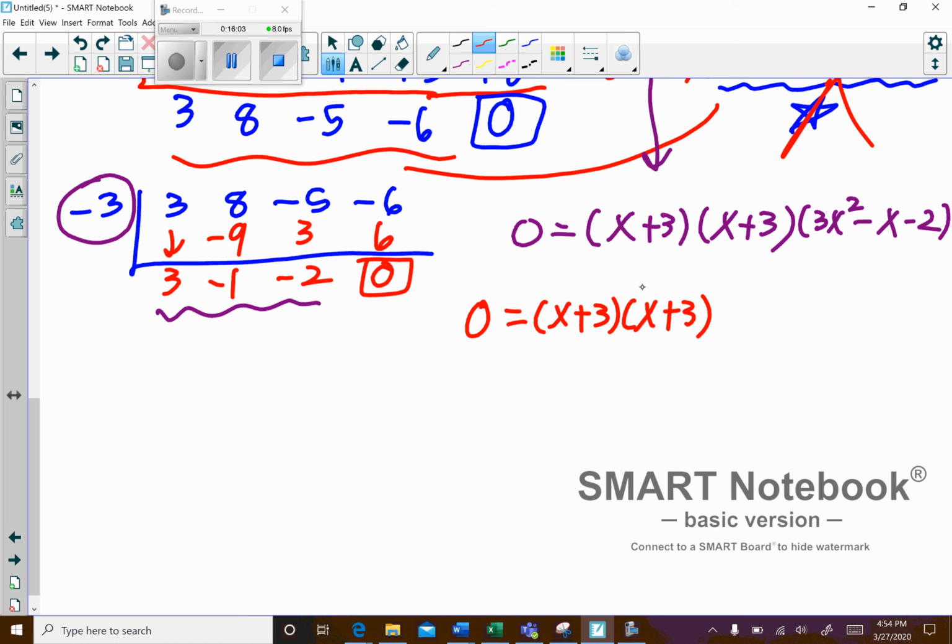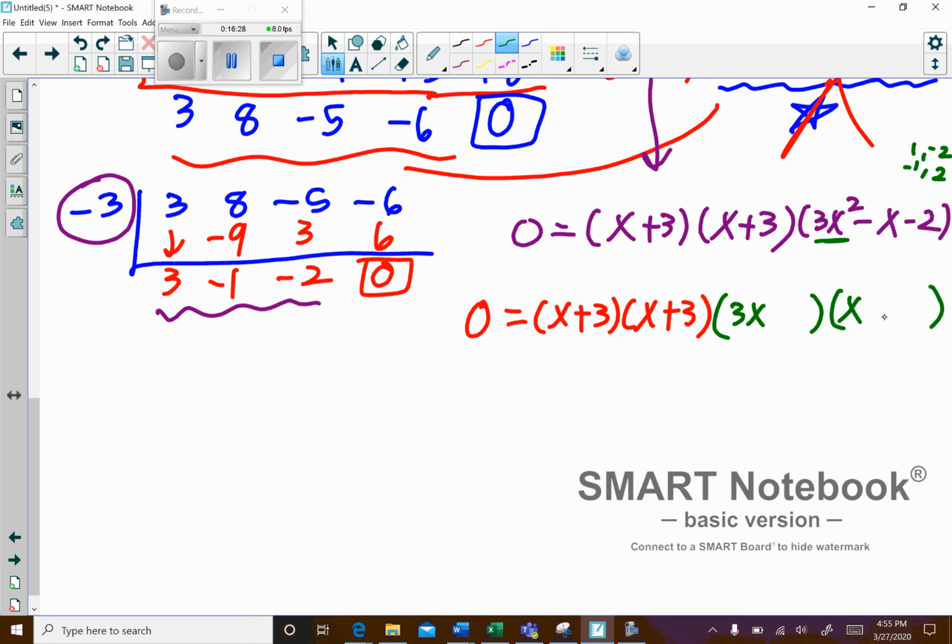That's fine. Now, once again, I have a little bit more room, but I'm going to go ahead and do guess and check again. Okay. So I have to figure out what multiplies to give me 3x squared. I really don't have too many options. It's got to be 3x and x. So that's 3x squared. Now, how do I get negative 2? Once again, it's going to be 1 and negative 2, or negative 1, positive 2.